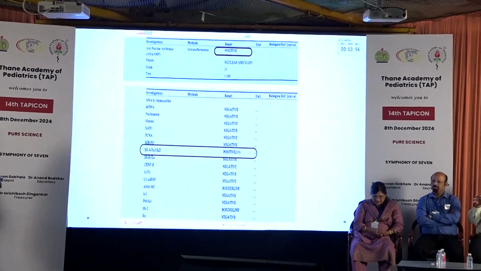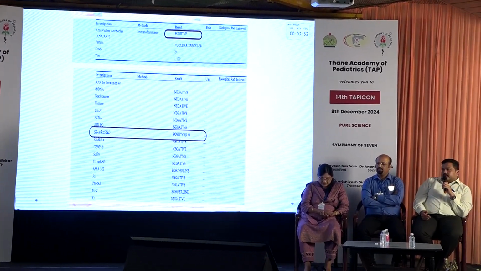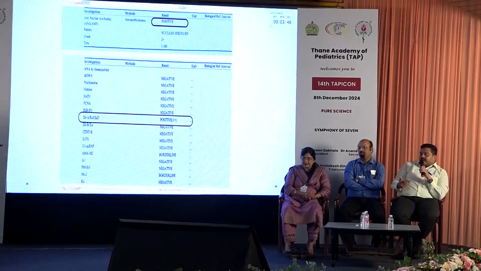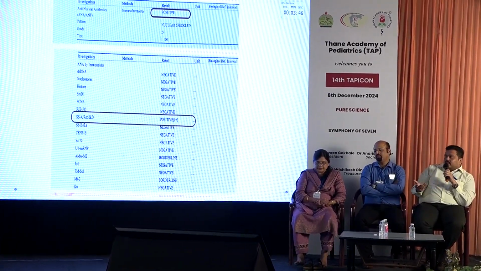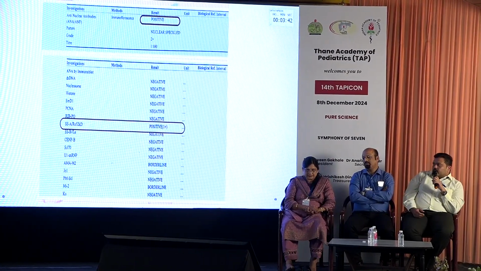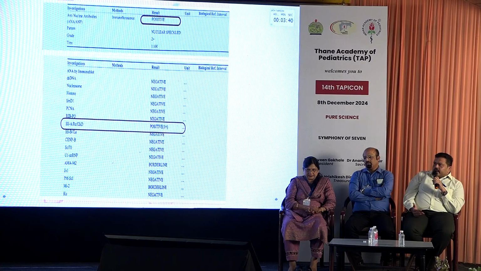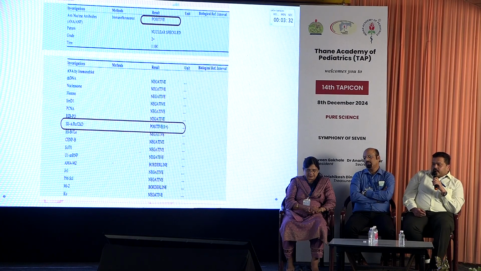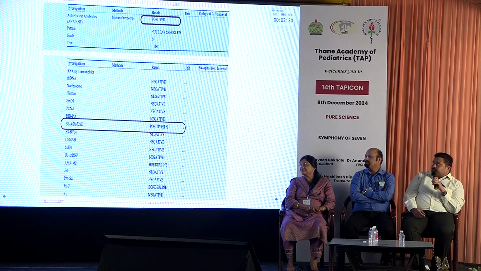So if we are talking only about neuropsychiatric symptoms, if we see the diagnostic criteria of autoimmune encephalitis, the last criteria is to rule out, if you are thinking of a systemic connective tissue disorder or an immune disorder. So SLE psychosis is a differential diagnosis for autoimmune encephalitis, definitely. But the point over here is there are no other features of SLE present. And SLE presenting with pure psychosis is possible but is rare.